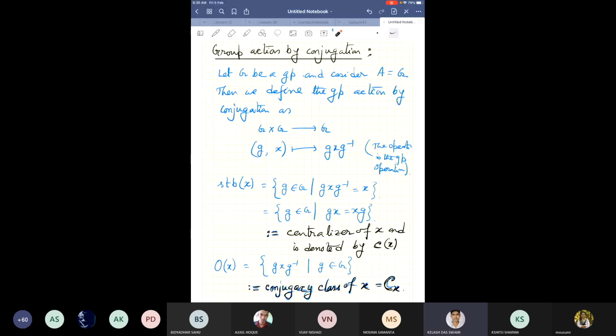I'm saying that if this orbit of x is just having only one element, then what does it mean? It contains only identity.